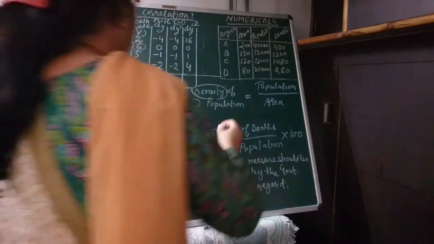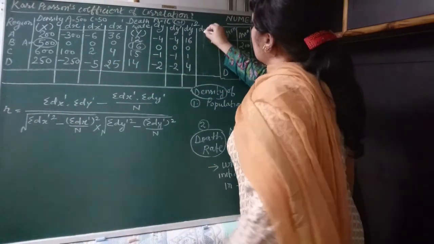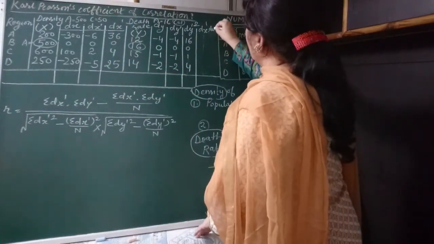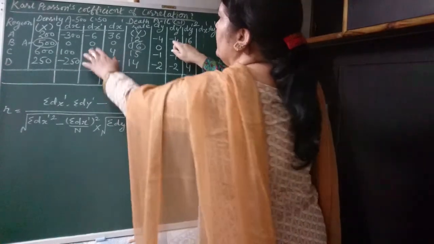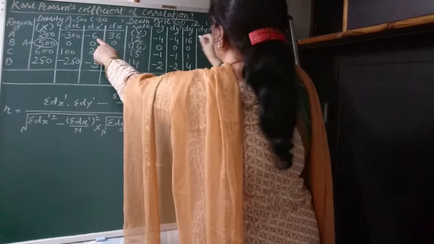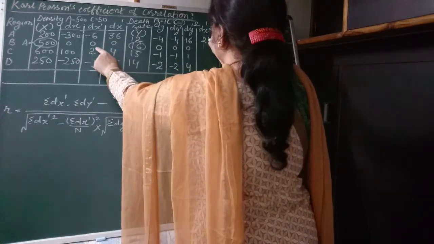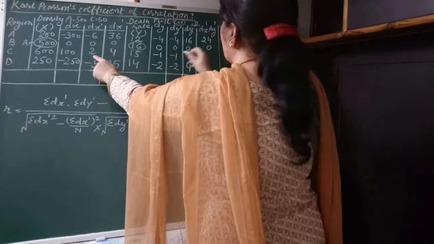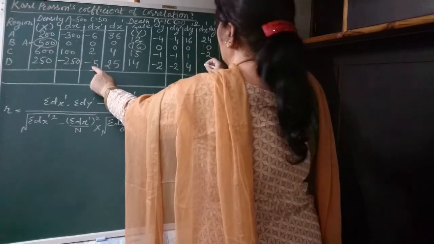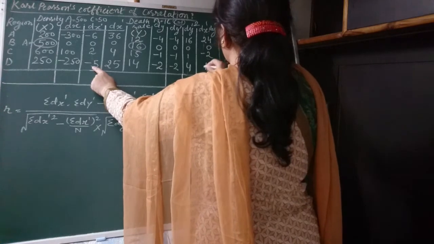Next we have to calculate dx dash multiplied by dy dash. Dx dash, dy dash: 24, then 0. Next minus 2 multiplied by minus 1 will be minus 2, and the last one is 10.